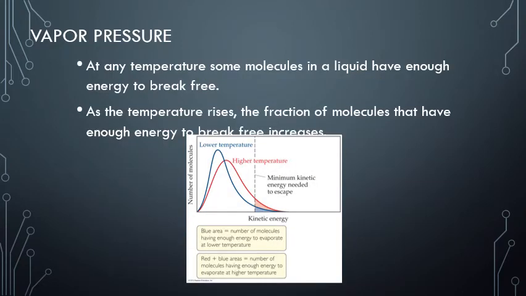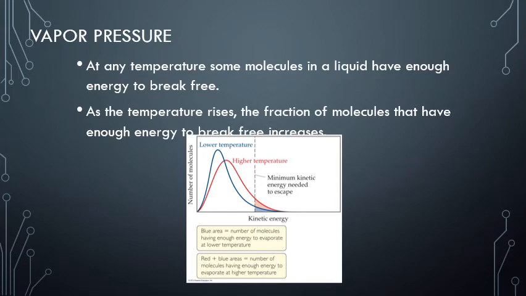So we're now going to begin to look at the relationship between the vapor pressure of a liquid and its boiling point. So first off, by definition, the vapor pressure is going to be the pressure that is created by the liquid particles that have enough energy to escape into the gaseous phase, and they are hovering over the top of the liquid.